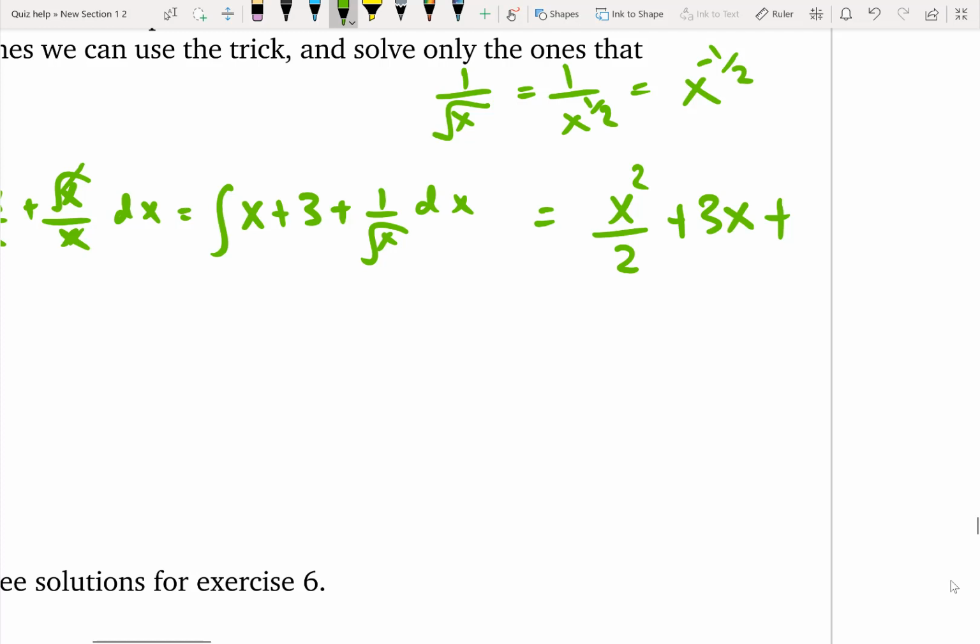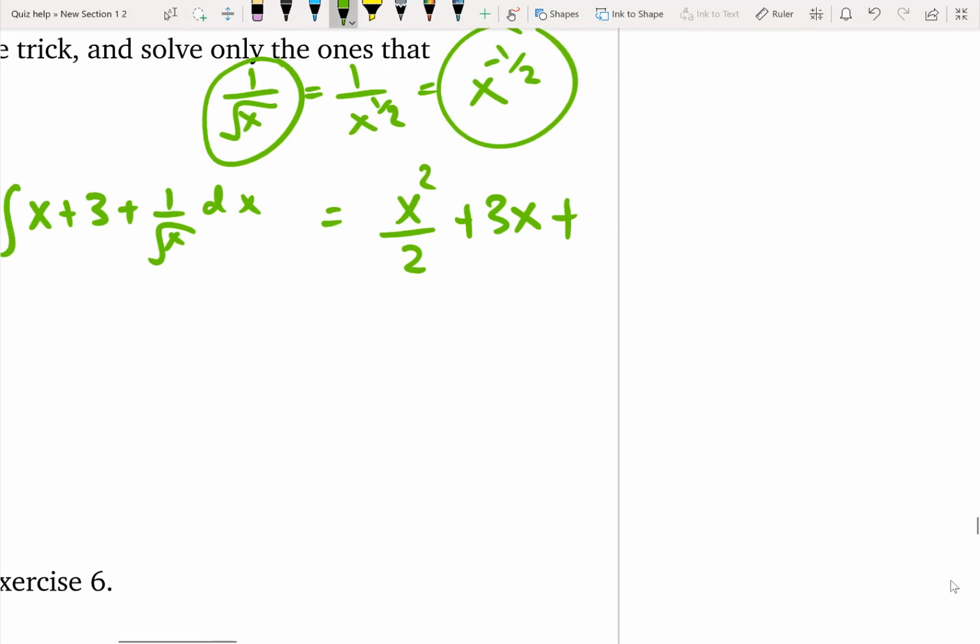Now integrating 1 over square root of x is the same as integrating x to the negative half. So what do you get? X to the negative half plus 1 over negative half plus 1. If you don't know how to integrate a square root, watch the link that appears above the video to learn that. And of course plus c.